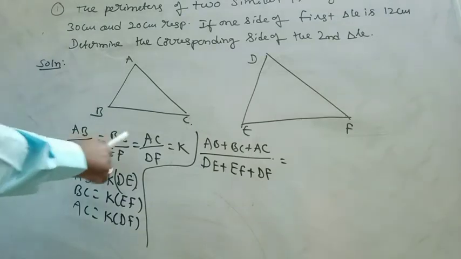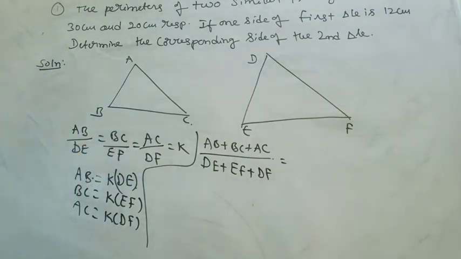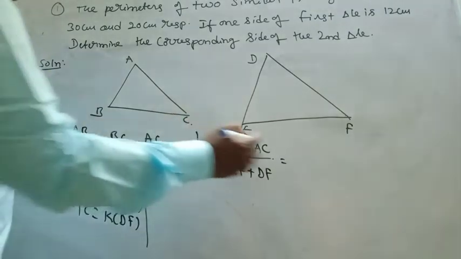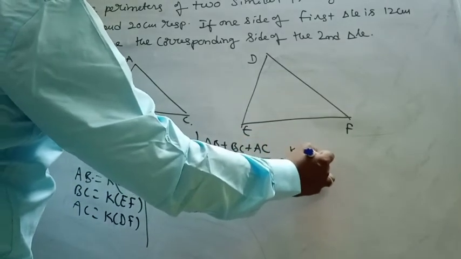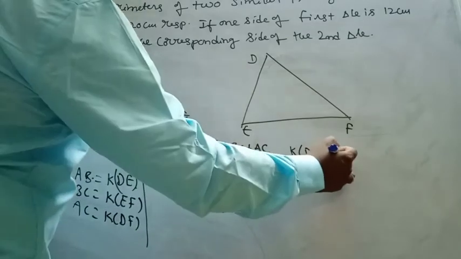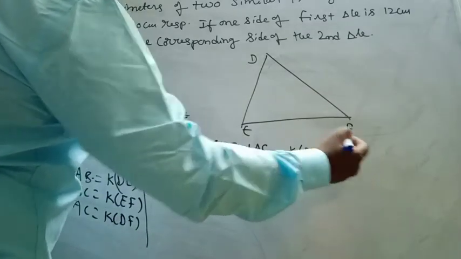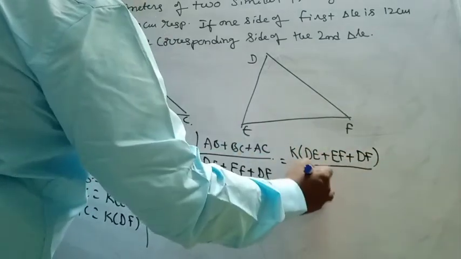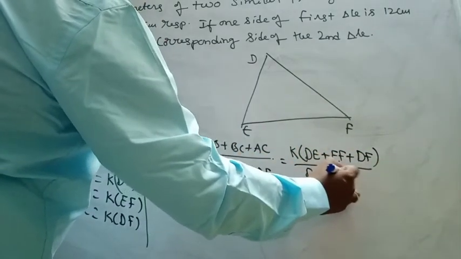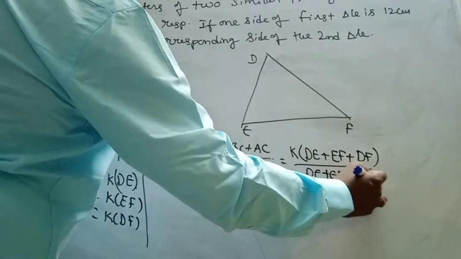AB plus BC plus AC is K into DE plus K into EF plus K into DF. If you take K common, you have K times DE plus EF plus DF, the whole thing divided by DE plus EF plus DF.